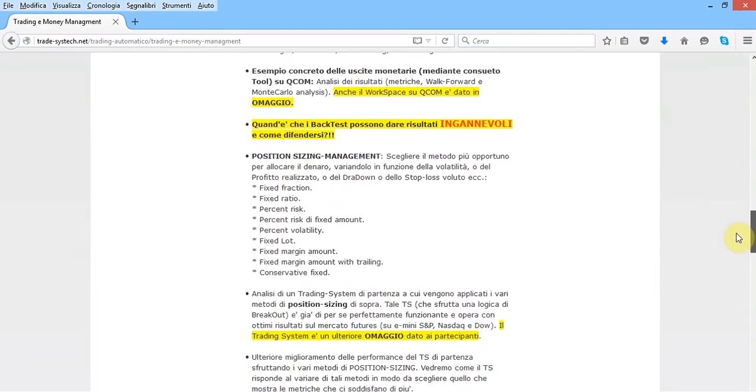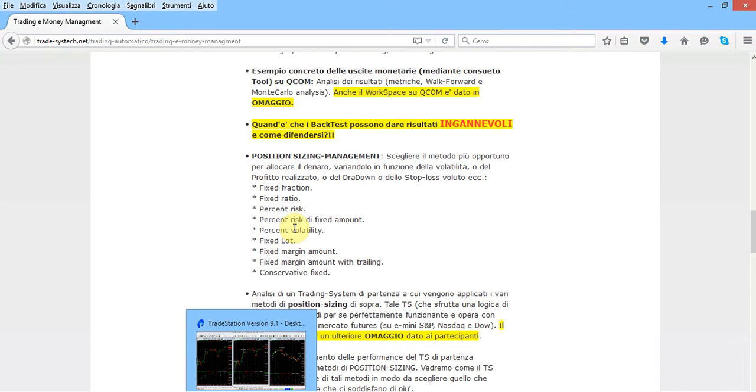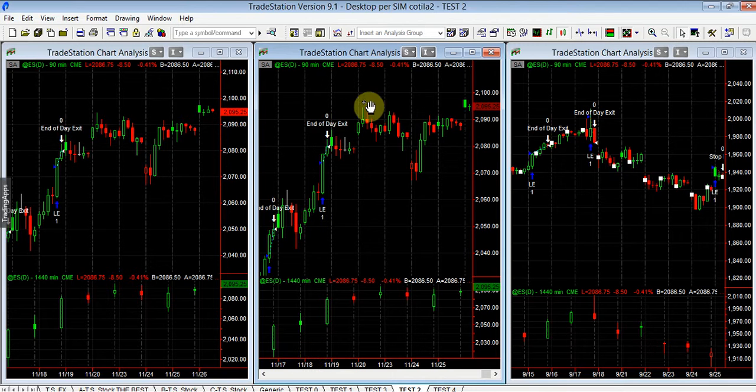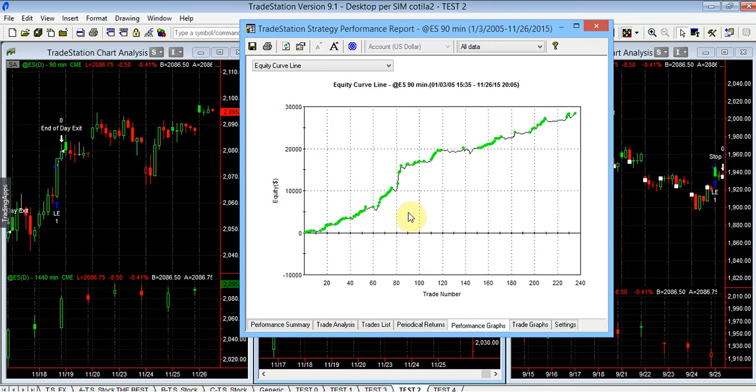When we have a good trading system, we might think about using some specific position size methods such as fixed fraction, fixed ratio, percent volatility, and according to the method which I choose, I might think to use not one contract, but maybe two, three, four, and then come back to one, depending on the method and market condition. But if I have a very small account, it's very tough to use more than one contract.